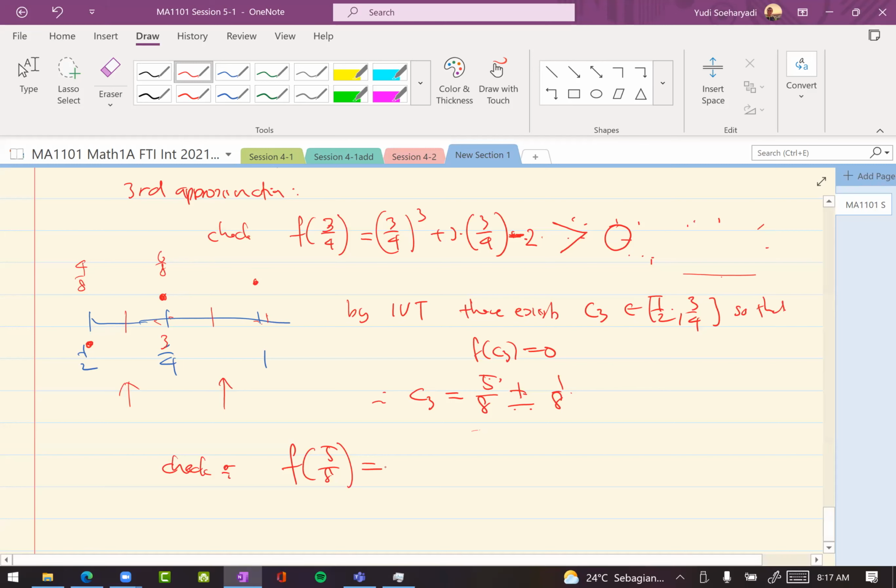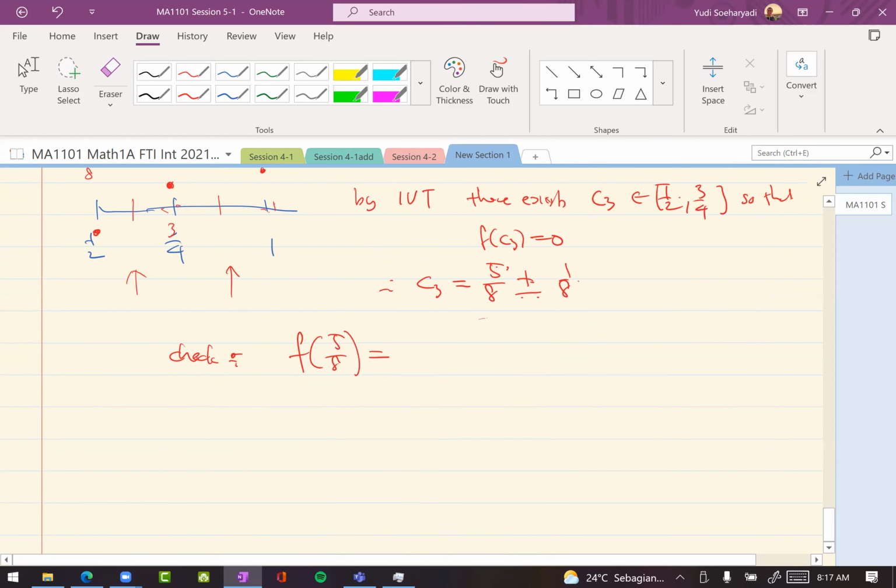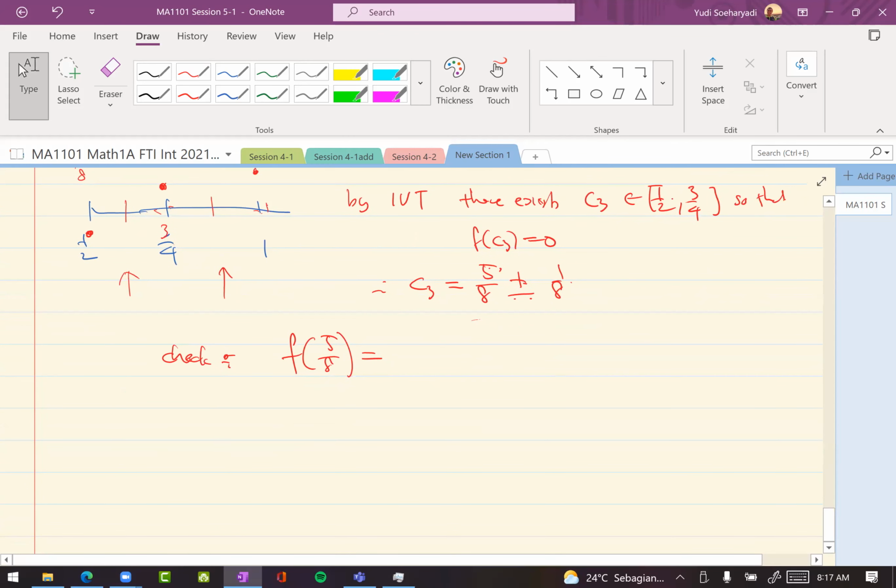When I use the app, it gives you the value. You can plug in the number 5/8.